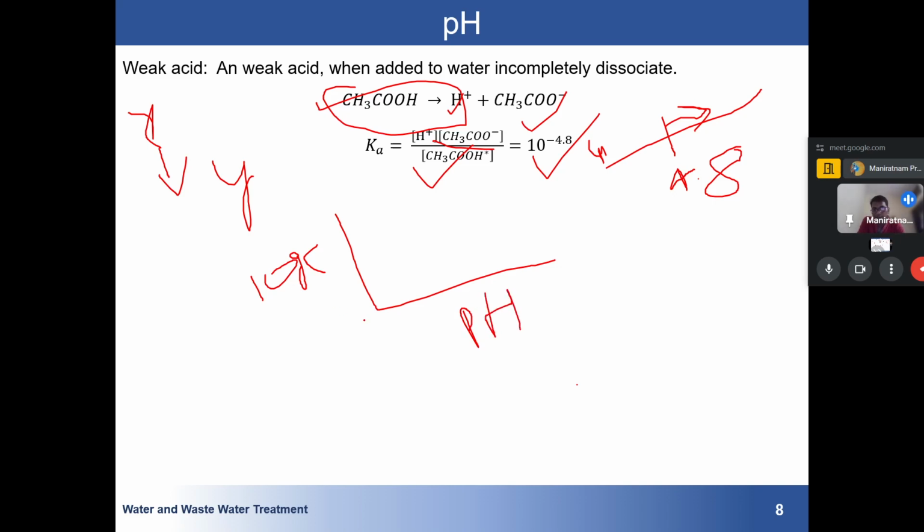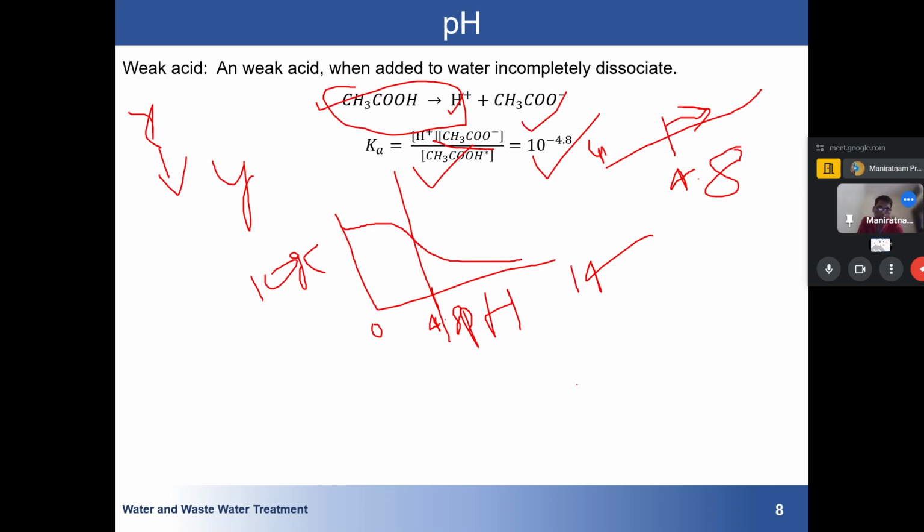Okay, so your pH will be from 0 to say 14, and here is your pH 4.8. At 4.8, as already said, CH3COOH will be dominant, so in the graph its concentration will vary like this.